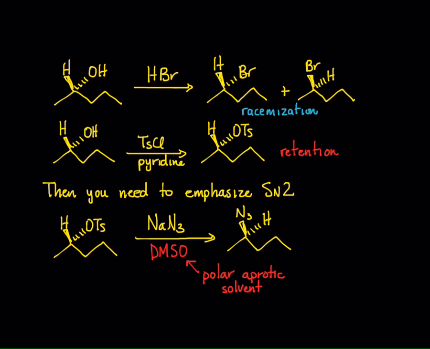And that is what we're going to be thinking about in terms of synthesis. So you see that synthesis not only involves thinking about going from point A to point B, but sometimes it involves thinking about reaction conditions that favor one over the other.